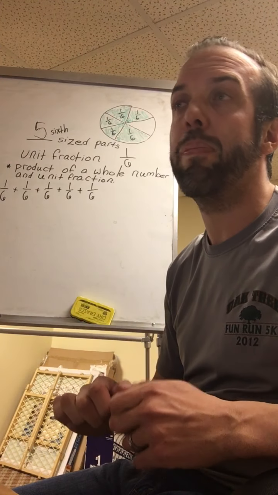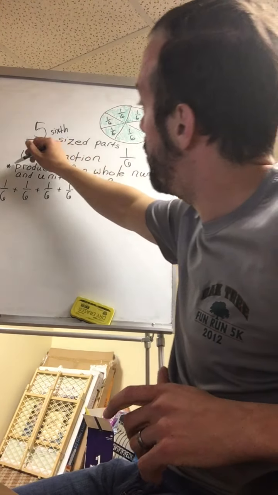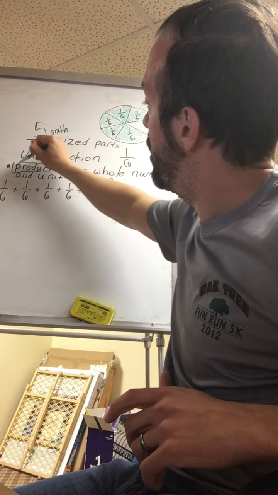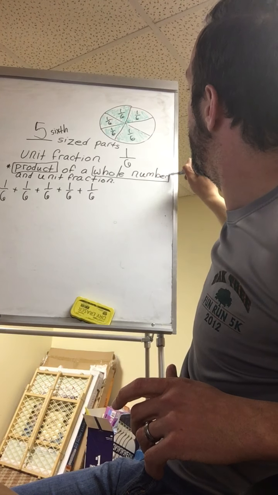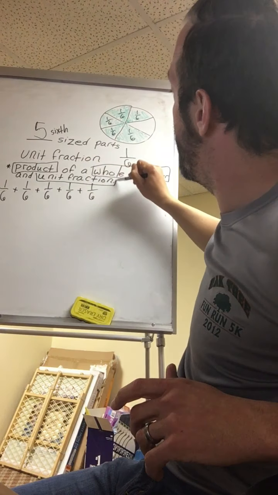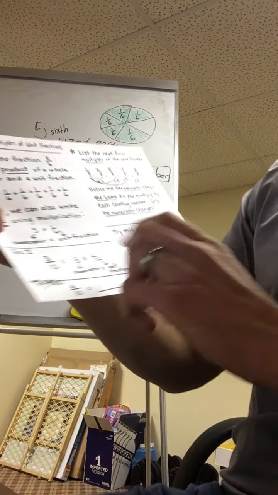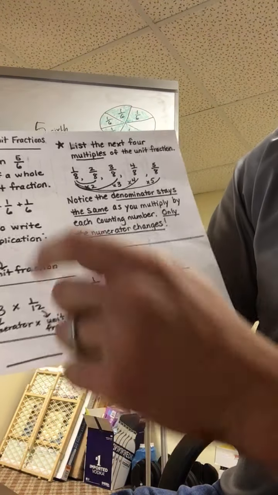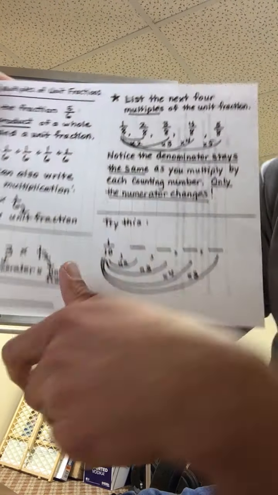We could write it as a product of a whole number. Here's that word product. Means multiply. Now they want us to do a whole number and a unit fraction. Now this is in your notes. So we can use the numerator and the unit fraction.